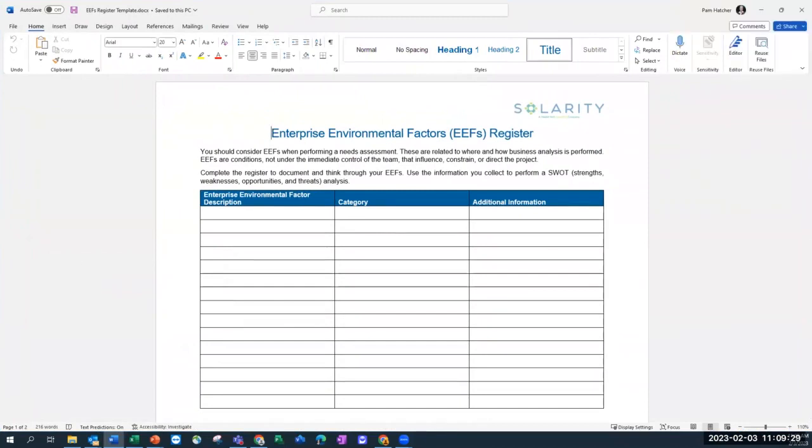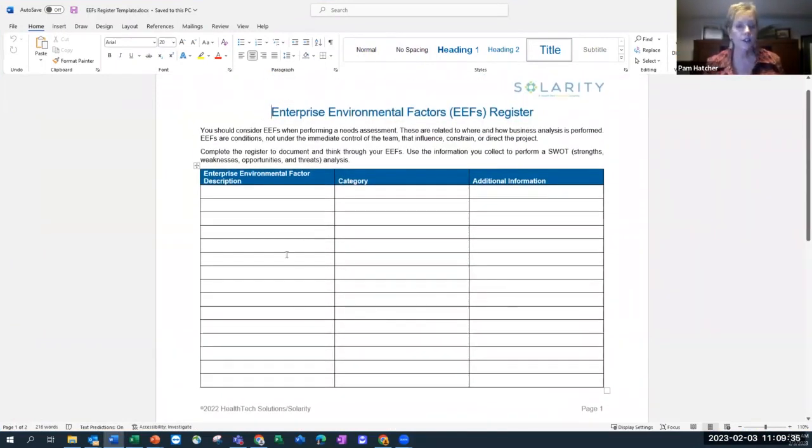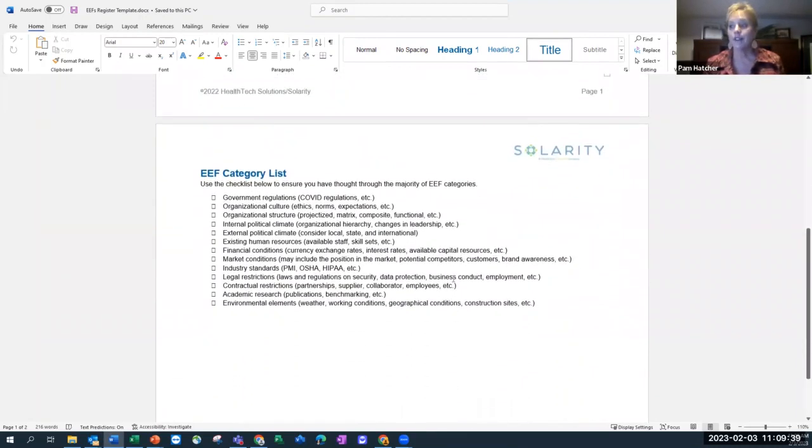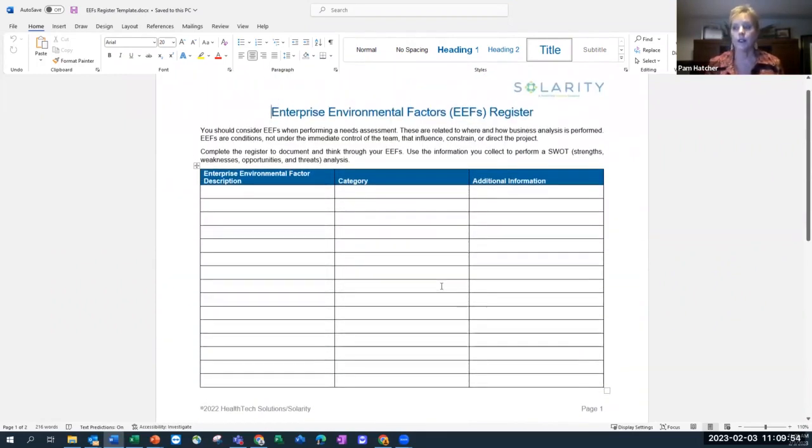Awesome. So don't forget there's a page 2, because a template is great and this register is an effective tool, but we also want to make sure you have a guide. This is kind of like a checklist to help you think through what kind of factors could be there as far as categories. So obviously use that to help build your list, but I'll leave this up this way.